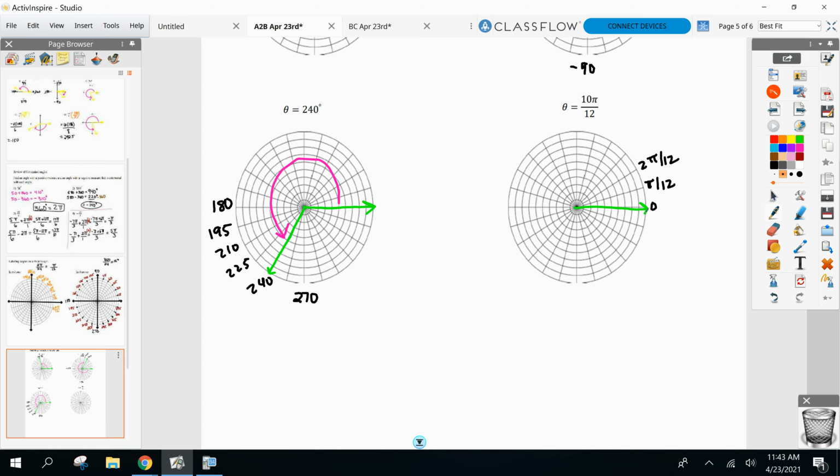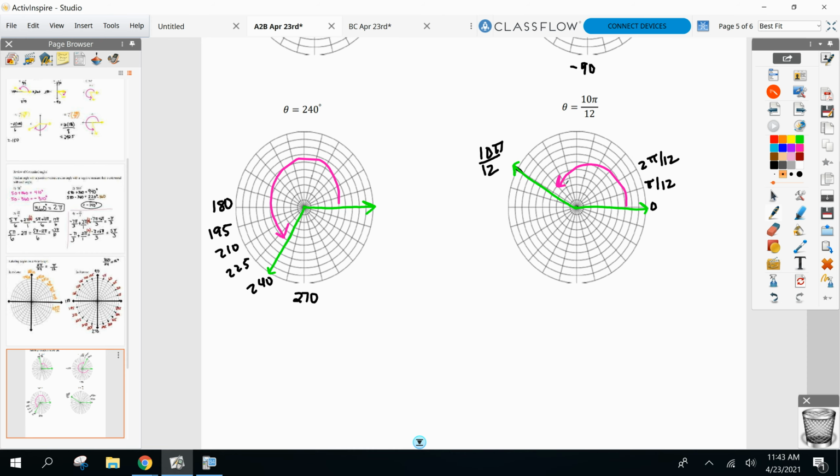Count to 10: 2, 3, 4, 5, 6, 7, 8, 9. Boom, there it is, 10 right there. No need to change it into degrees. You already know it's out of pi over 12, so count to 10.